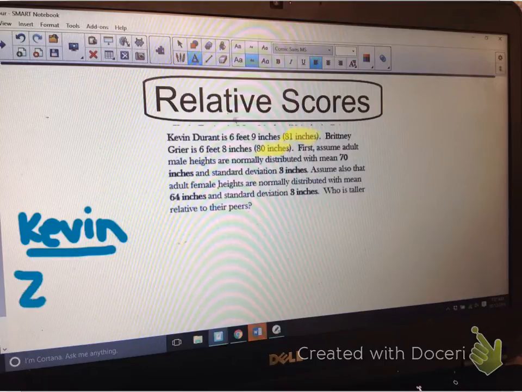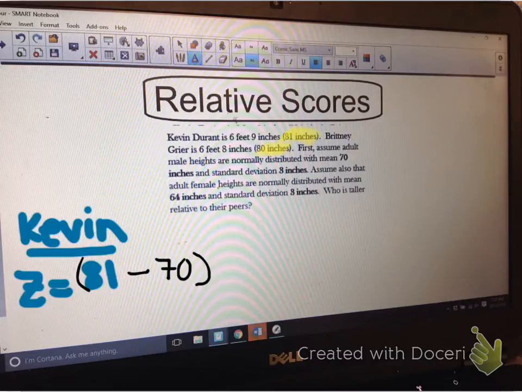Kevin's Z-score is 81 inches. Why am I using 81? Because the mean is in inches. 81 inches minus, excuse the pen change there, minus 70. I'm going to put this in parentheses, and then I'm going to divide by 3.